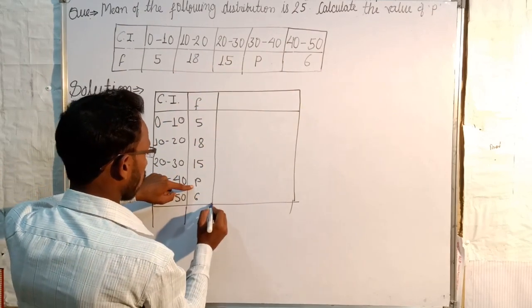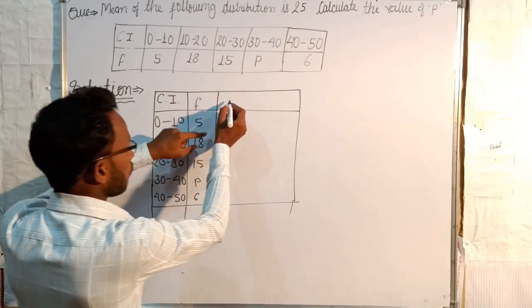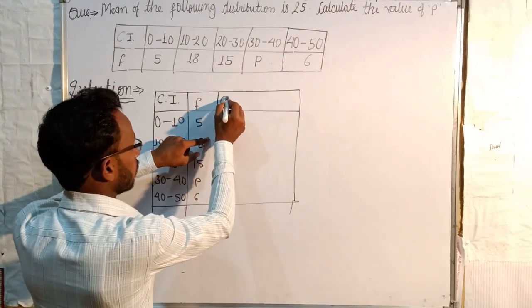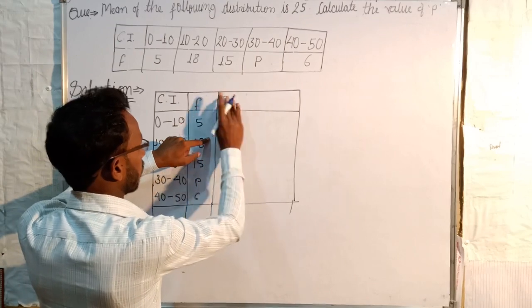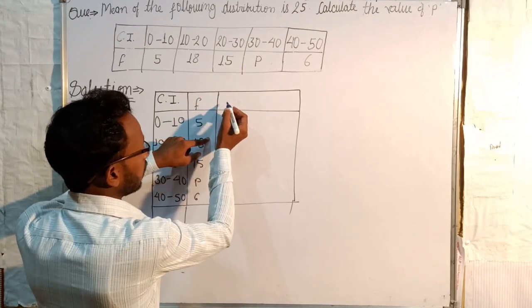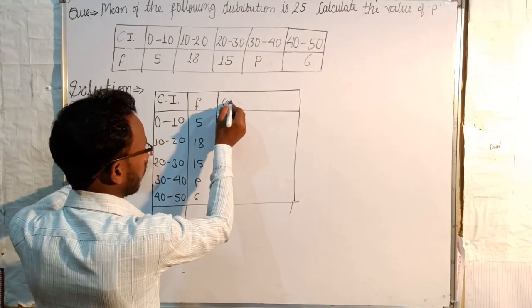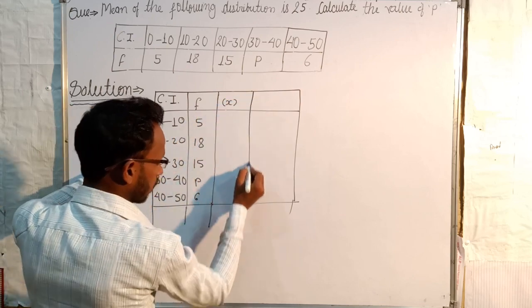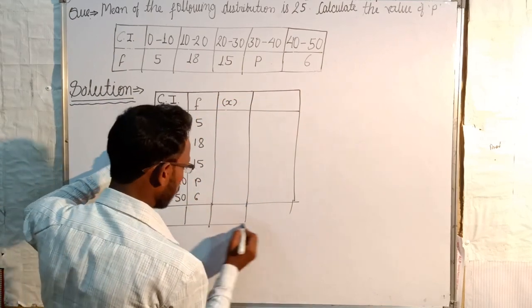Our next column will be for what? Class mark. Class mark is also denoted by x.